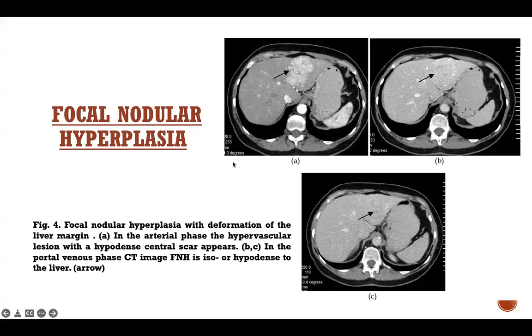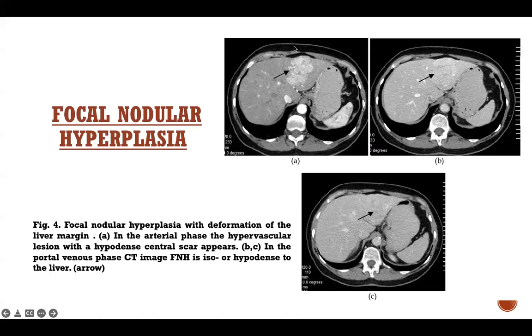Focal nodular hyperplasia always appears hypodense centrally. Hypodense means it doesn't take the contrast, and there is some area of scarring in the center of the lesion. Okay.